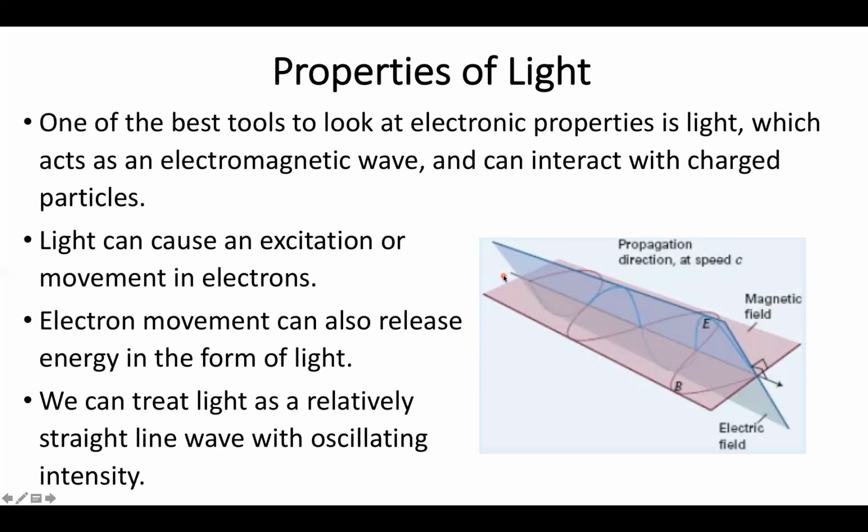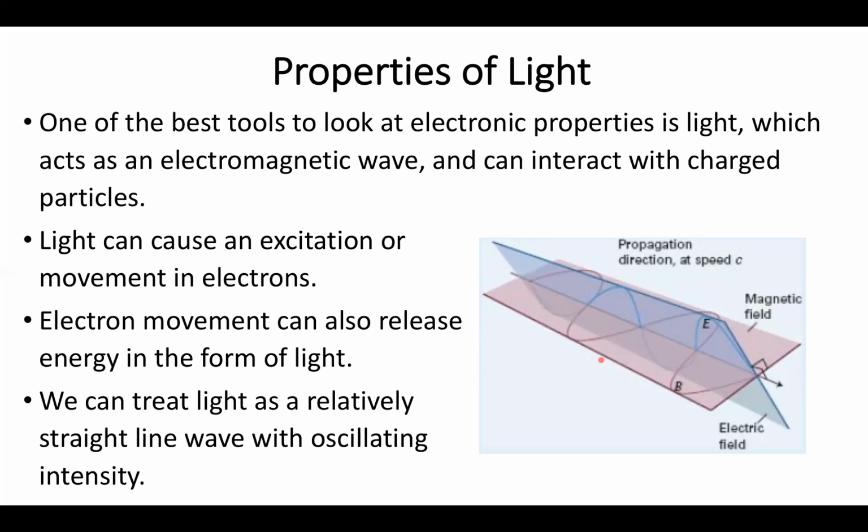We're also going to take advantage of the fact that light generally moves in a straight line. It has very low refraction, so typically I can treat it as straight line movement, which adds a lot of practicality in that we can usually source our emission and absorptions very reliably.